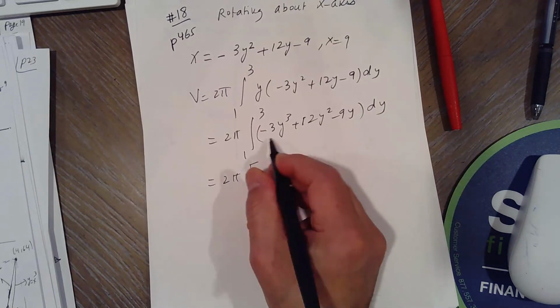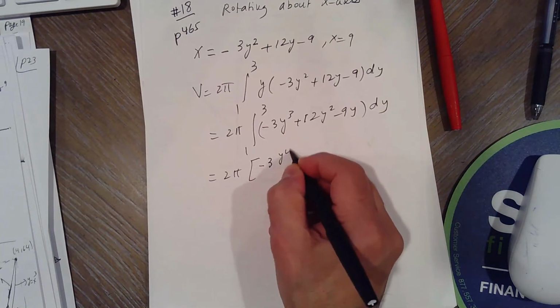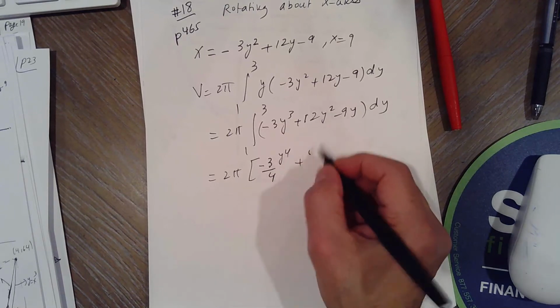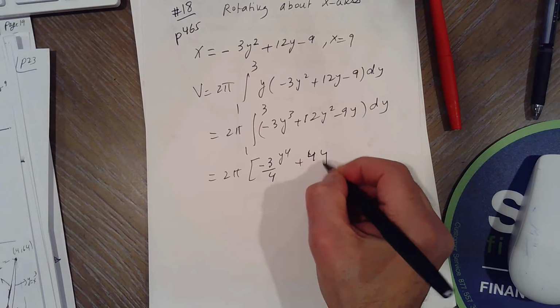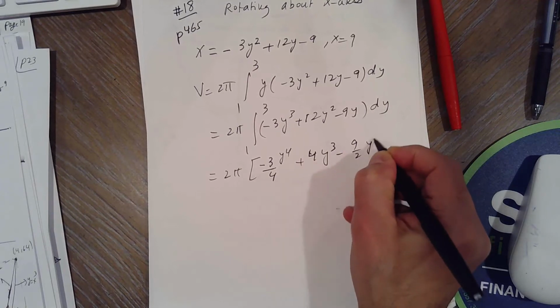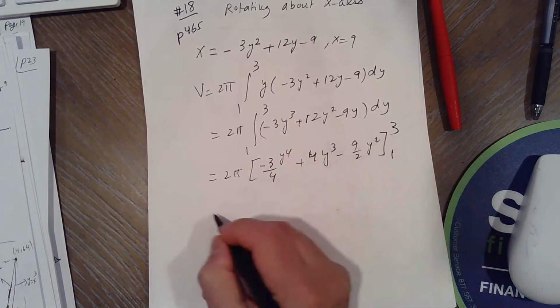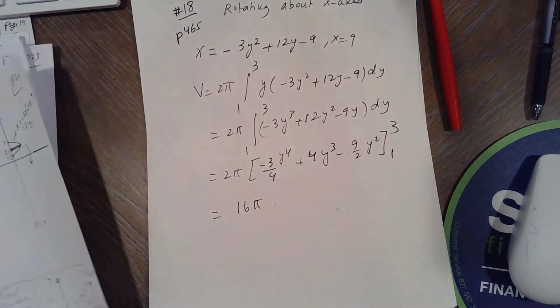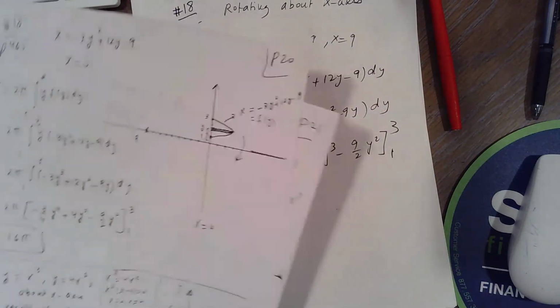So if you integrate, you get negative 3y to the 4 over 4, 12y cubed over 3 is 4y cubed, negative 9 over 2 y squared, between 1 and 3. And you end up with 16 pi cubic units. Now I'm going to do 22.